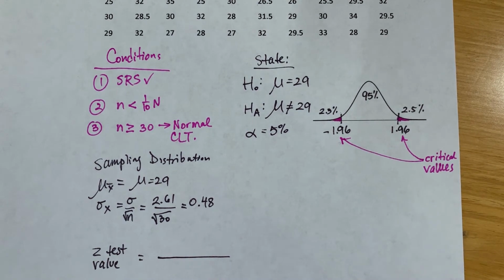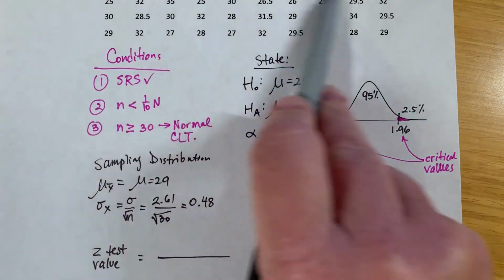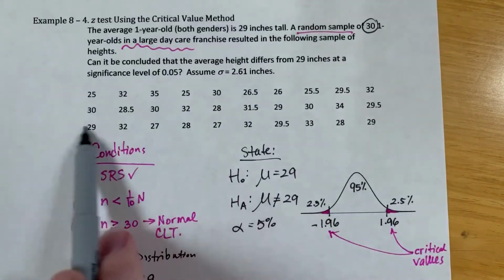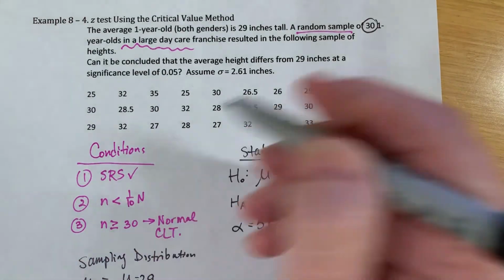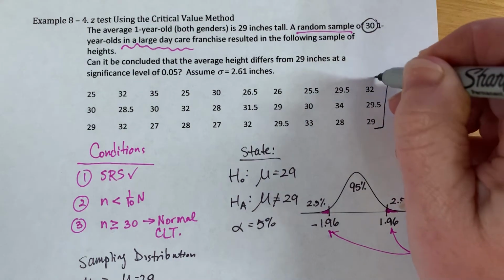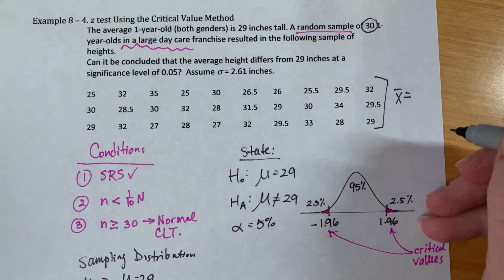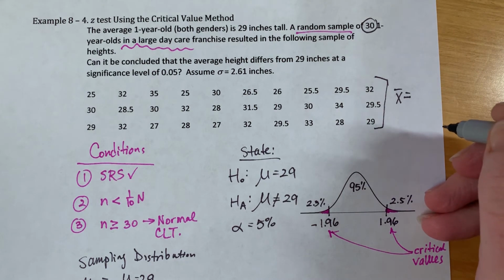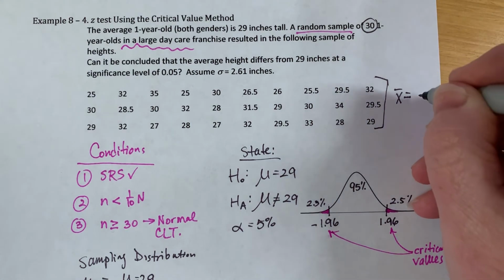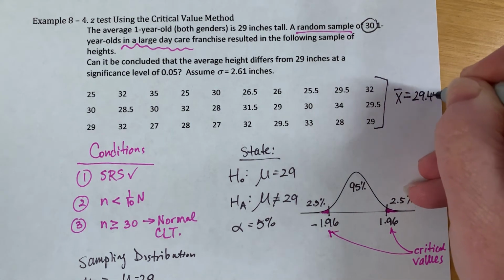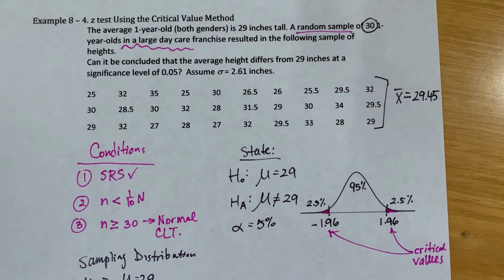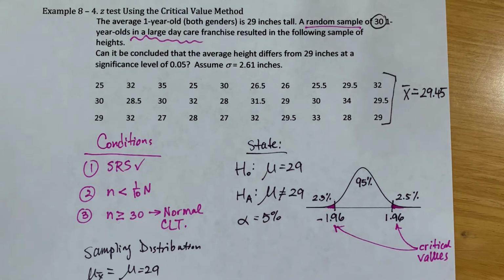What did we observe? This is something that we actually have to do an average of all this data. If you do an average of all that data, you end up with X bar being 29.45. Okay, and then the standard error is actually going to be 0.48.